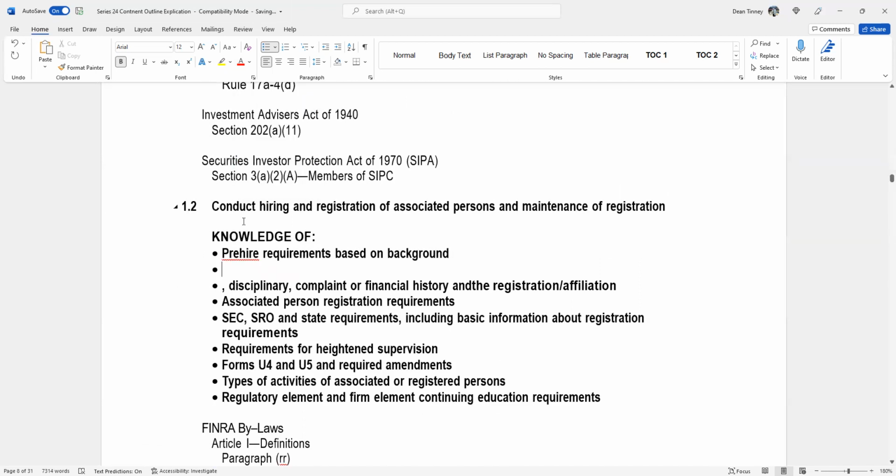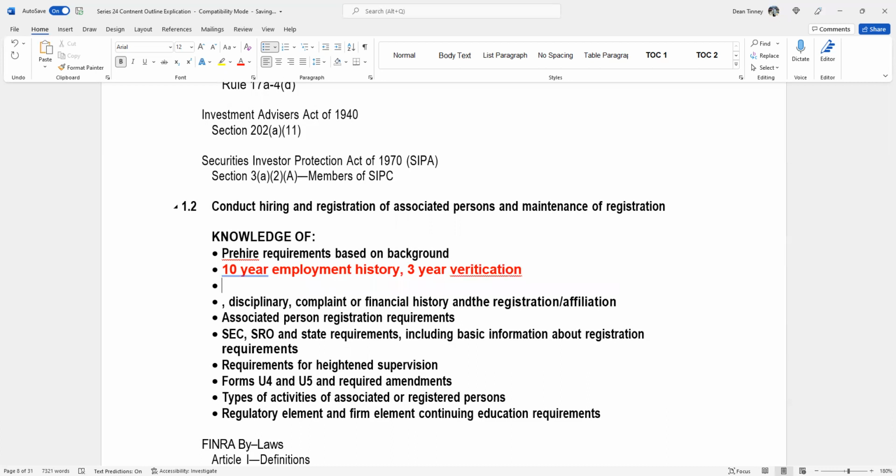We're going to ask you a 10-year employment history, and very important that we have 3-year verification of that. So the most recent 3 years needs to be verified. We're also going to ask you a 5-year residency. That's found on your U4 as well.